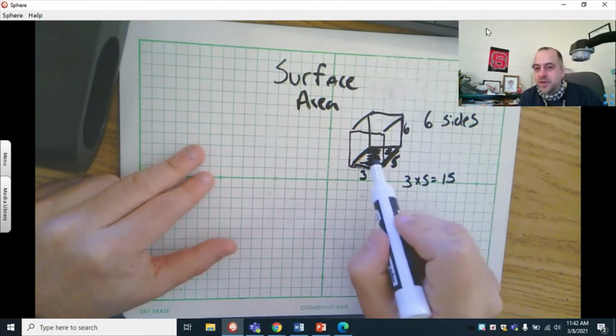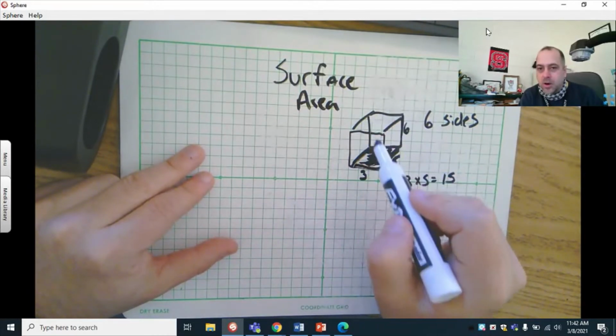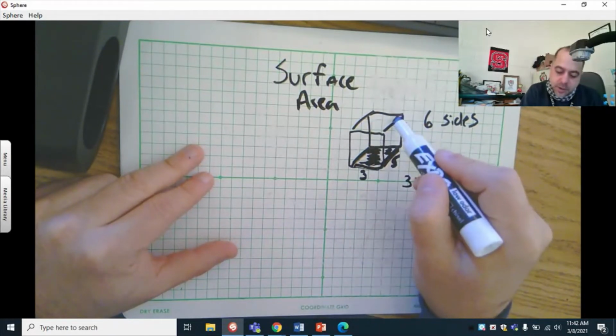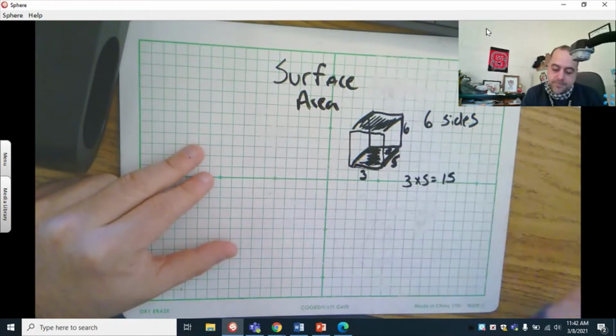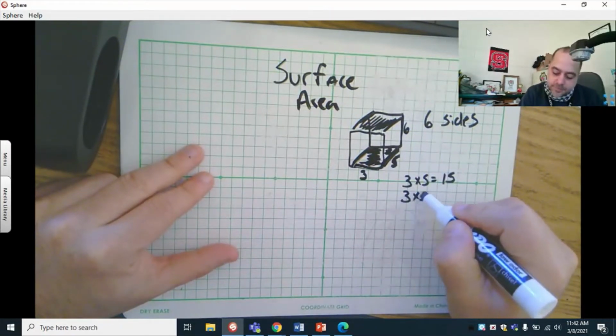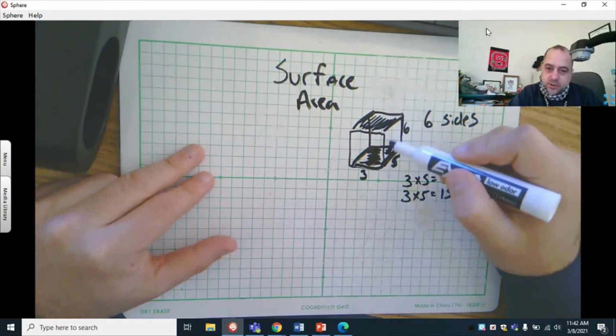Now, doesn't this piece have like a twin up here? Imagine a box. The bottom's the same as the top, right? So this one's also 3 times 5, which is 15.